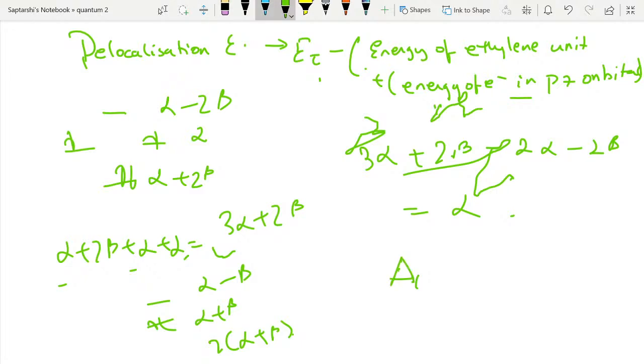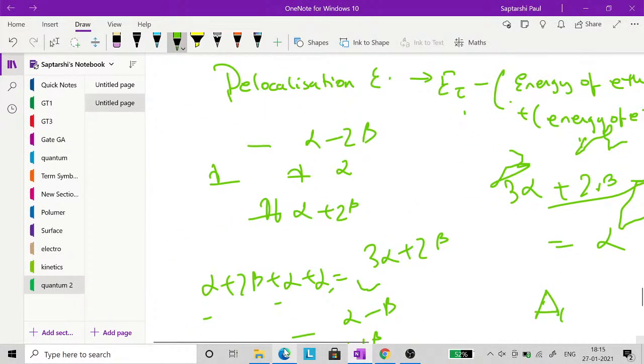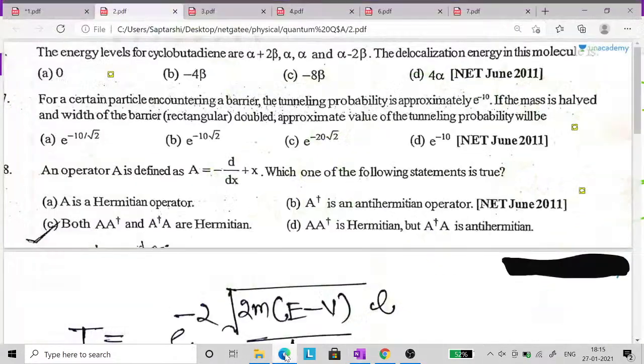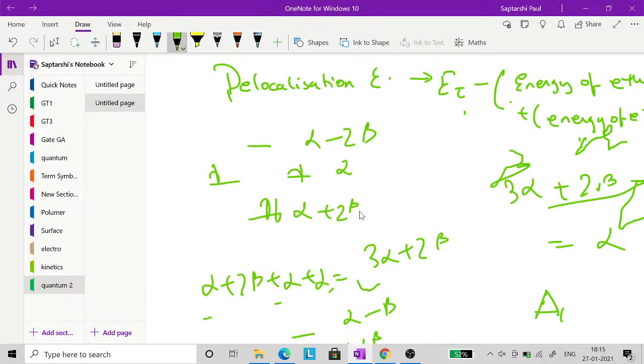So let's first see whether alpha is given as an answer. No, right? I realized I was making some mistake, but I didn't realize where. Okay, I got the mistake.